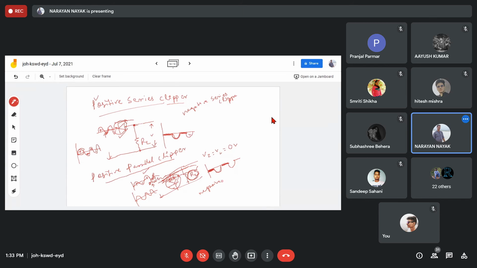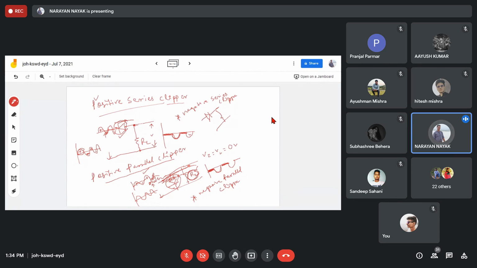Can anyone tell me what is the circuit for the negative series clipper? You have to reverse the connection of the diode and do the same thing. Similarly for the negative parallel clipper, you have to reverse the connection of the diode. Understood?